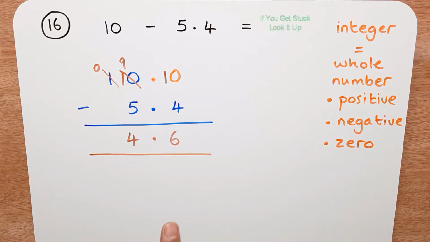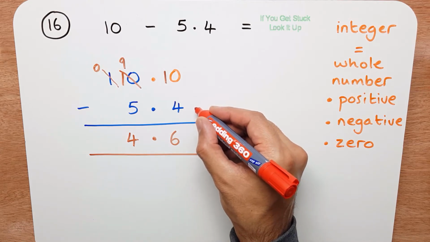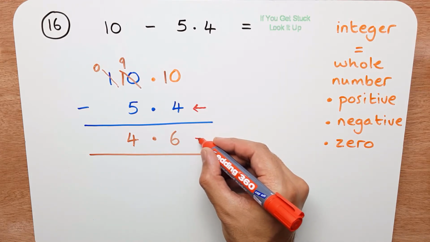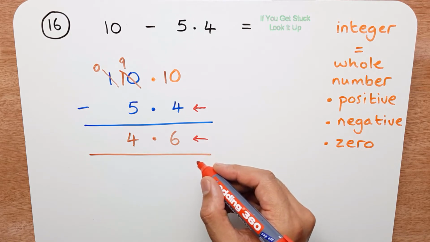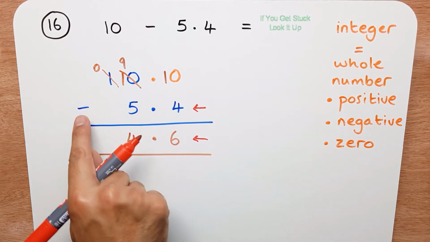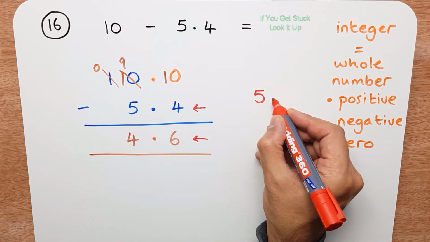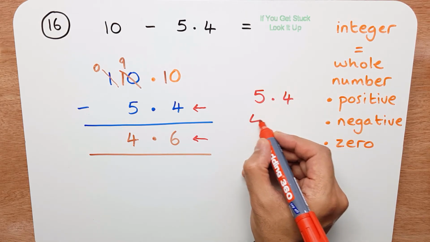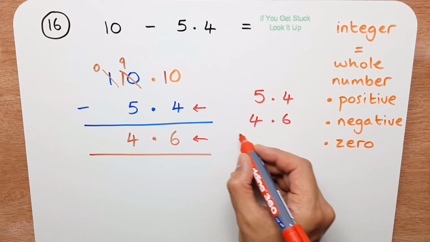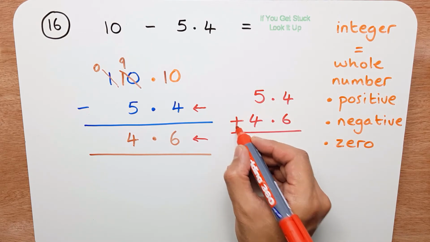Now what I want to do is I want to check this. So what I can simply do is take this number and this number and add them. So I'm going to do the opposite of that. Let's do that here. 5.4 add 4.6. And we're going to add them.